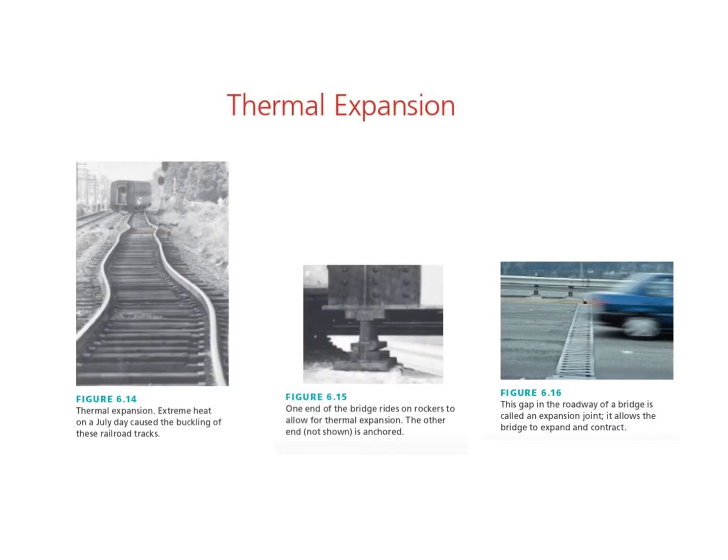The next thing we want to look at is thermal expansion. Now, when you have a block of a substance and you add heat to it, what happens? The atoms and molecules start vibrating back and forth more rapidly. And so the temperature increases.